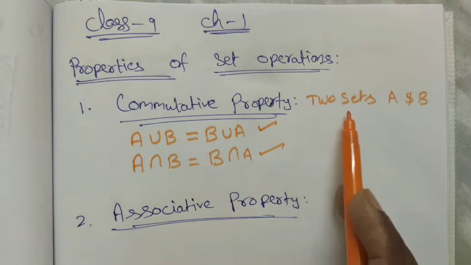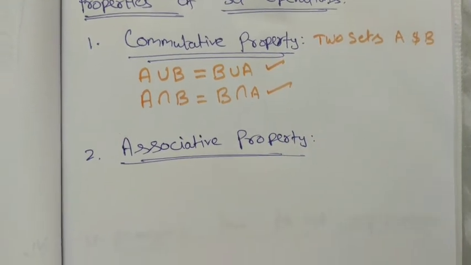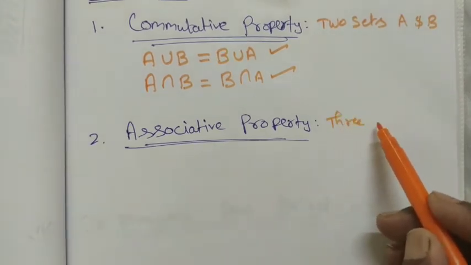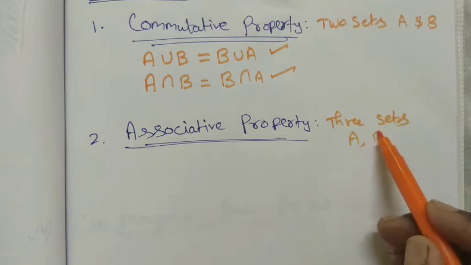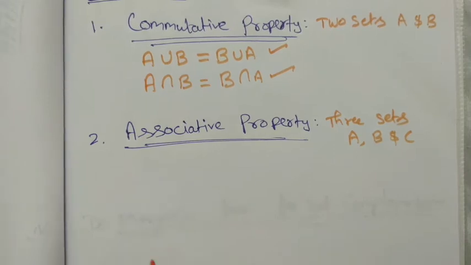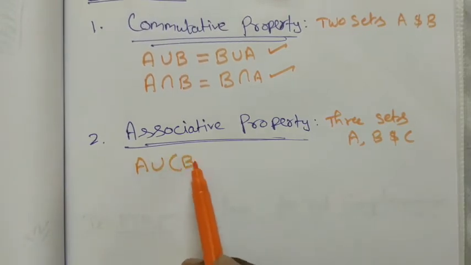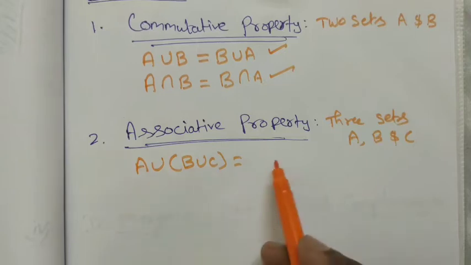In commutative property we have only two sets. Next we come to the associative property. In associative property we have three sets. Let me take them as A, B and C. For this associative property we have both union and intersection forms. First one, A union (B union C) is equal to (A union B) union C. See, the bracket must be interchanged.